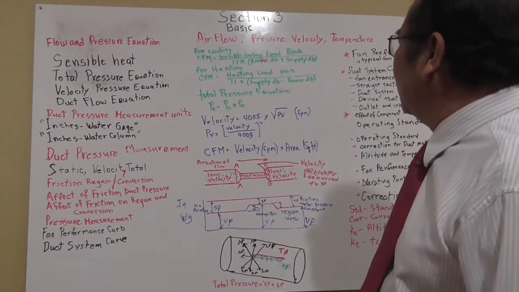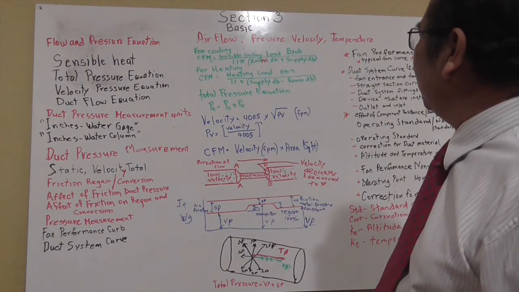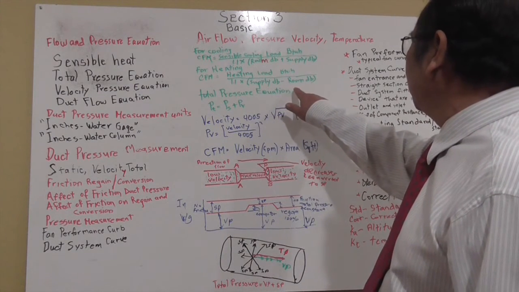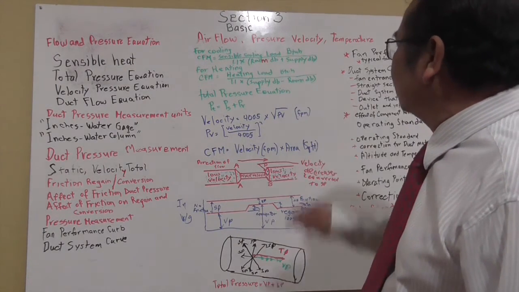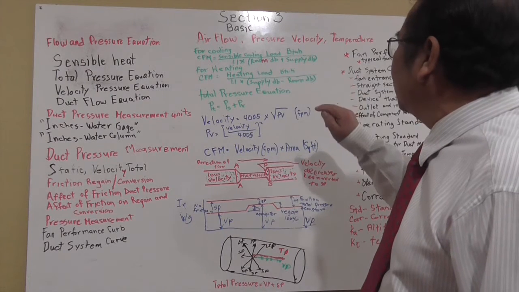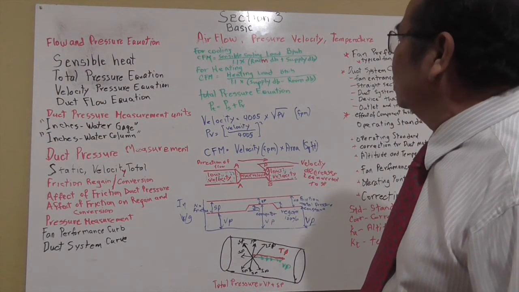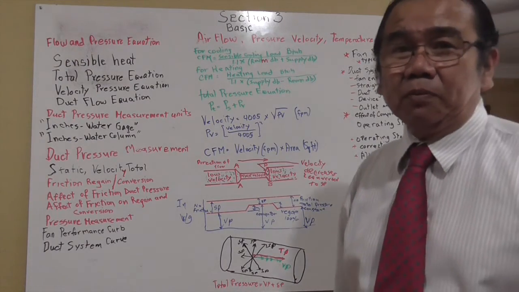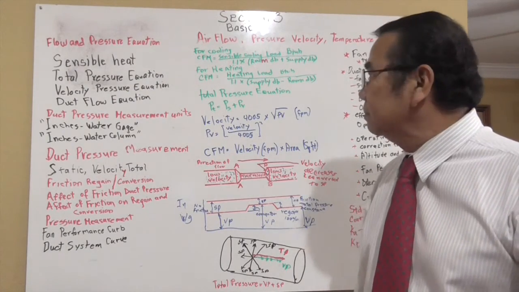For heating, CFM equals the heating load in BTU divided by 1.1 times the supply dry bulb minus the room dry bulb. With those two equations, you can determine the amount of CFM you need, and then you go to the fan specification to decide what type of fan you're going to use for that particular system.